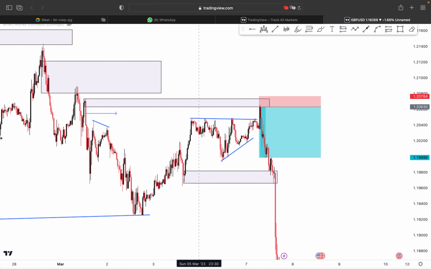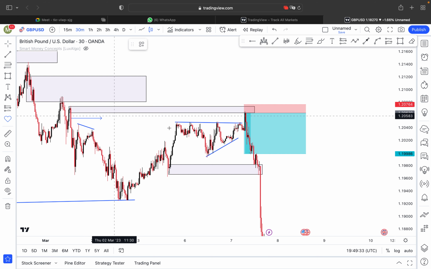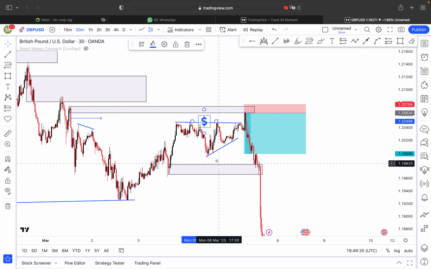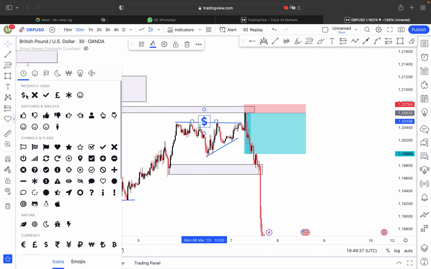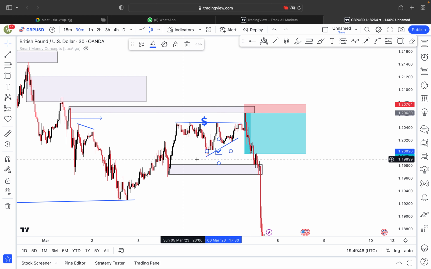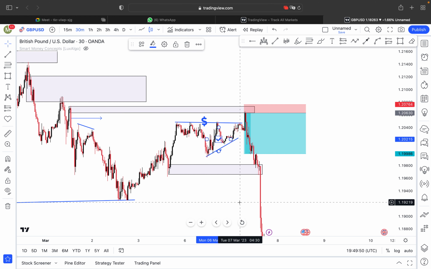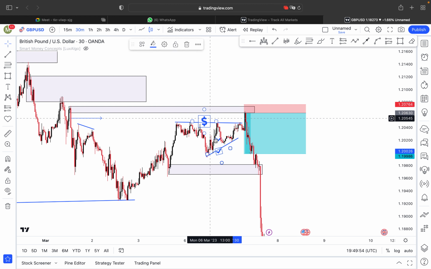Okay, so you had liquidity sleeping here. We had some liquidity sleeping here that got taken out. Another one that was sleeping here got taken out too. So this is how you should plot your zones whenever you're looking at the chart.